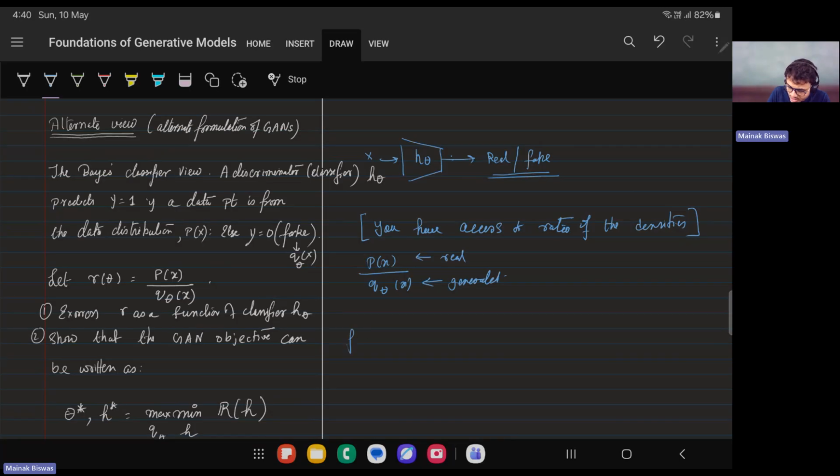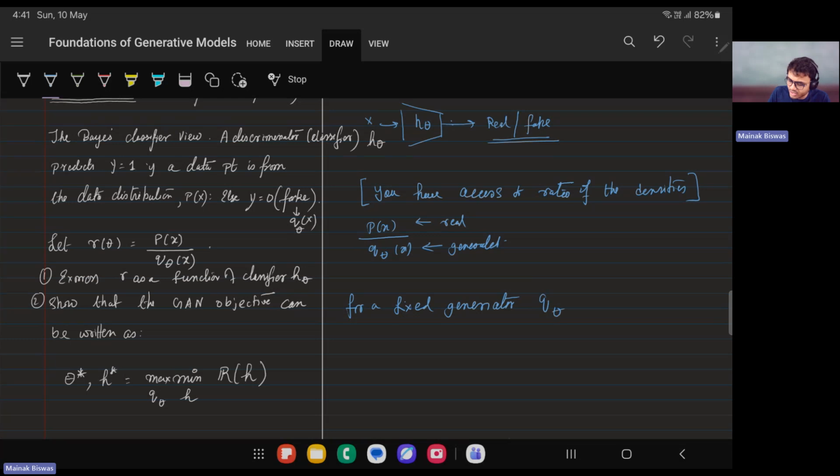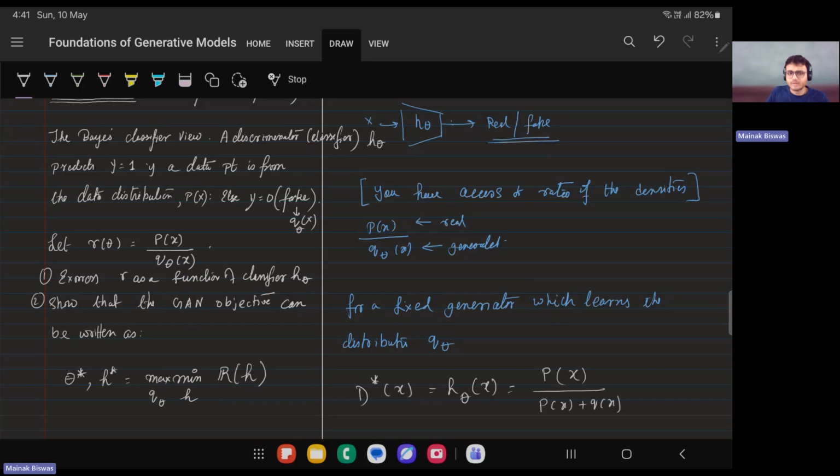So we know for a fixed generator q theta, which learns the distribution q theta, my optimal discriminator, or d star of x, which I'll represent by h theta of x, which I'm actually learning, is given by what we showed: px of x, or just px, by px plus qx. Right? This is what is known to me.